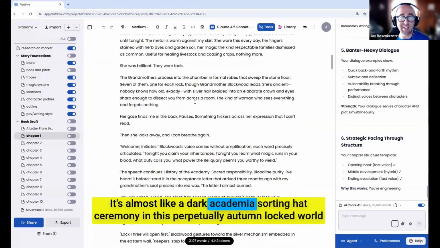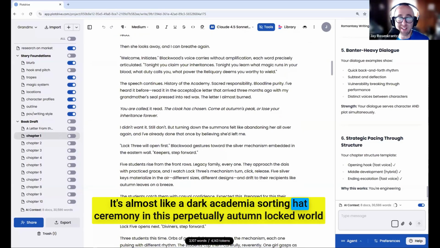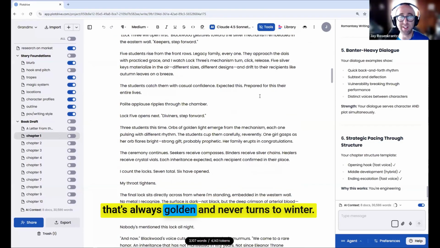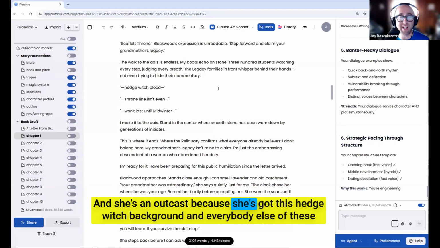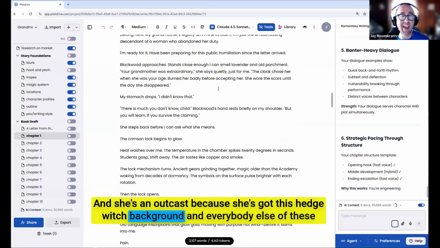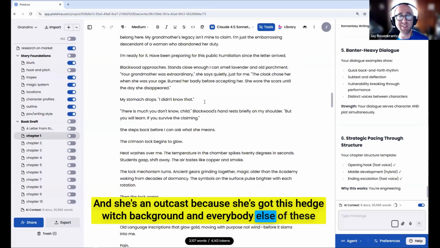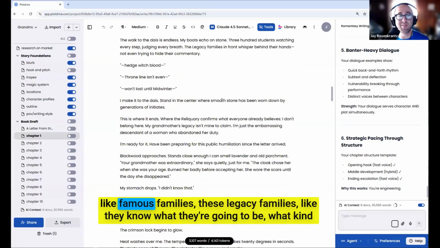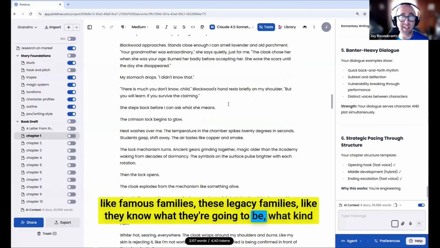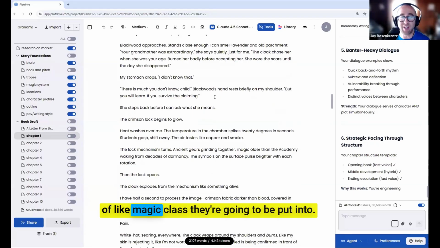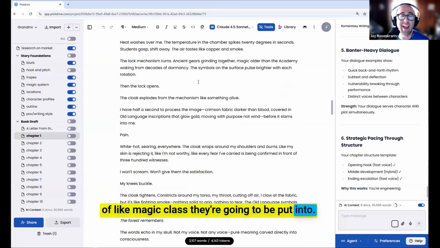It's almost like a dark academia sorting hat ceremony in this perpetually autumn locked world that's always golden and never turns to winter. And she's an outcast because she's got this hedge witch background. And everybody else of these famous legacy families, they know what they're gonna be, what kind of magic class they're gonna be put into.